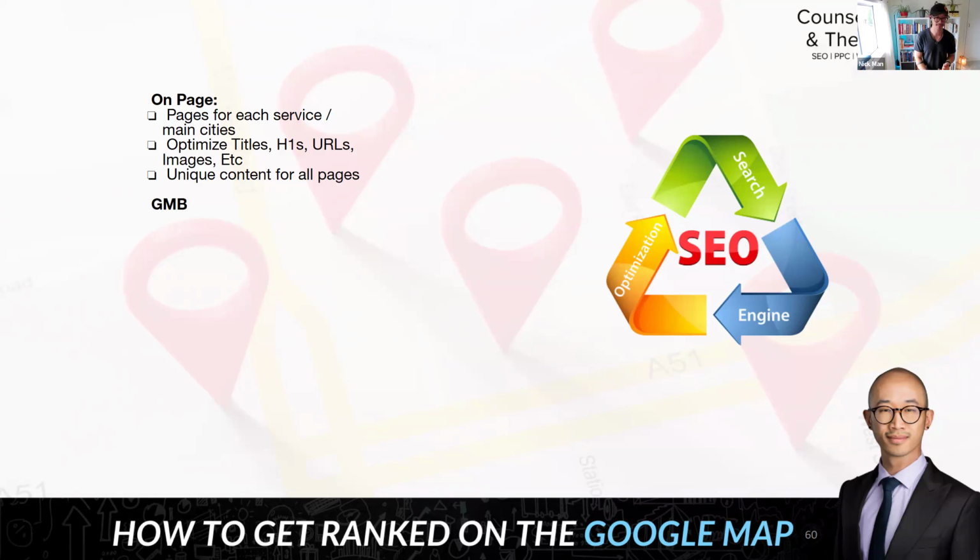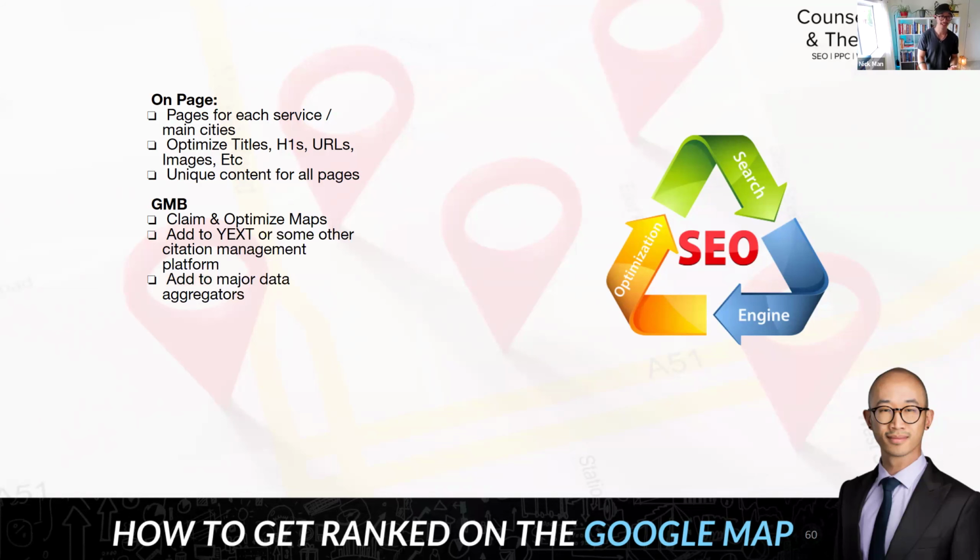That's all really important. And then the GBP, you can claim and optimize your maps. You can add it to Yext or some other citation management platform, or just do it manually. Add it to the major data aggregators, and then put a system in place for getting reviews, and adding new citations on an ongoing basis.